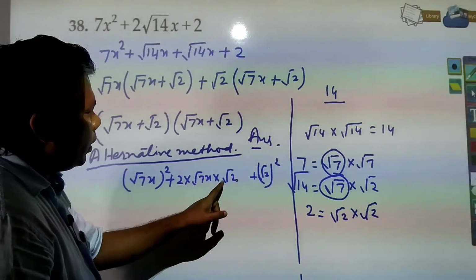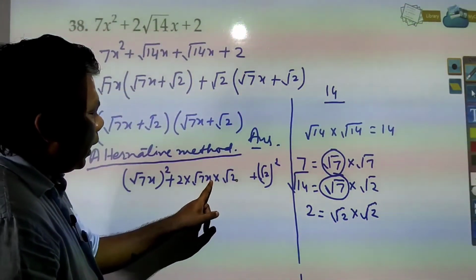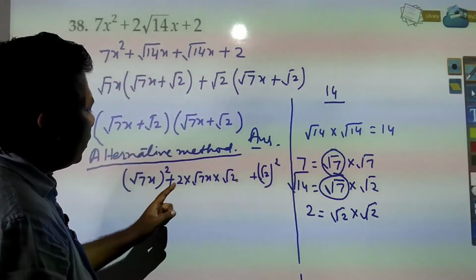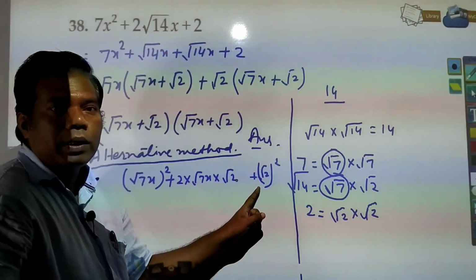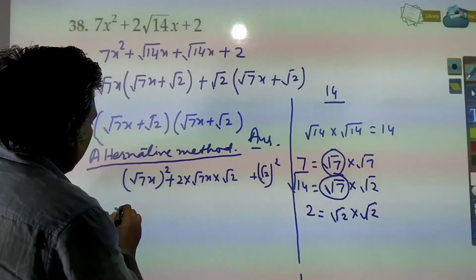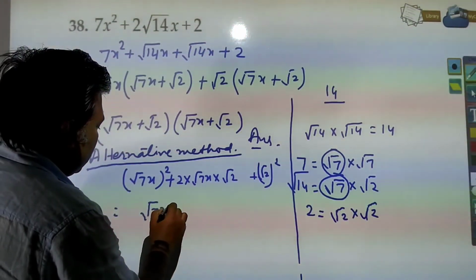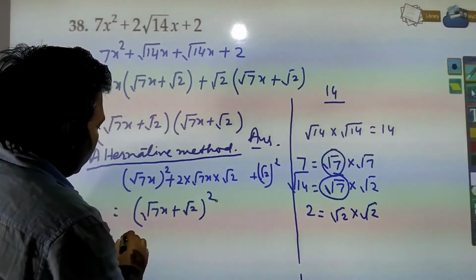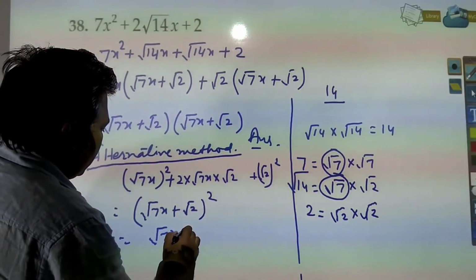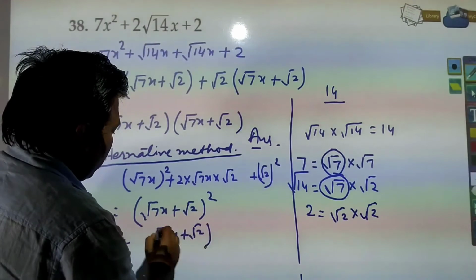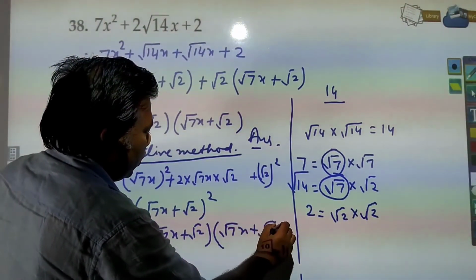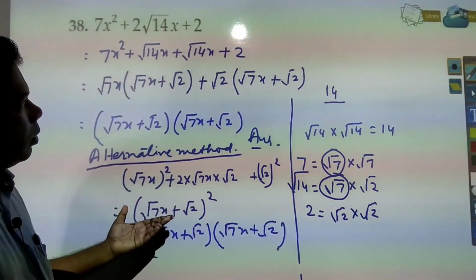You see root 7 into root 2, root 14x, 2 root 14x, the same thing you have. Now this is in formula a square plus 2ab plus b square. So it can be written as a plus b whole square. So this will be root 7x plus root 2 into root 7x plus root 2. In this way also this could be solved.